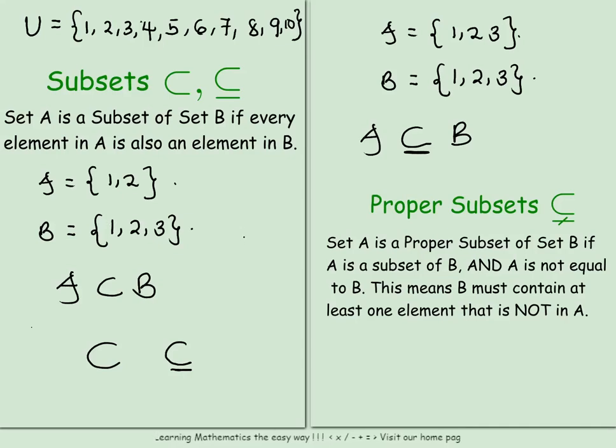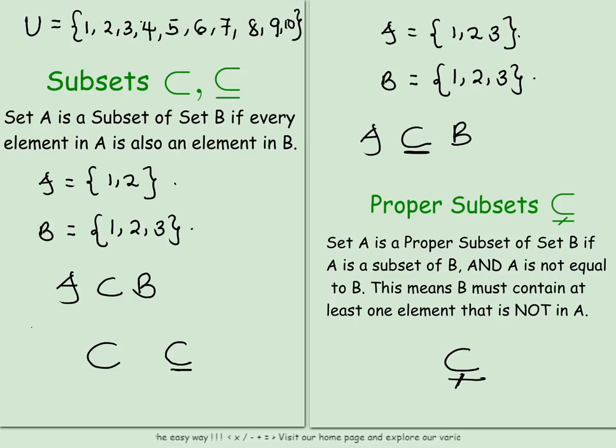So all the elements in A are not exactly a photocopy of set B. That is a proper subset. And this is the notation for it: you write the normal subset symbol and then you put not equal to over there. These are the basic concepts we need to know to enter into two and three set problems.